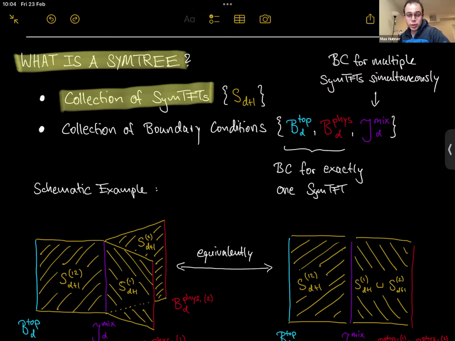Here I'll be distinguishing three types of boundary conditions: topological boundary conditions, in light blue, physical boundary conditions, in red, and junctions. These will typically be mixed, partially topological and also partially physical. The first two types are boundary conditions for exactly one SymTFT. And the latter type can be a boundary condition for multiple SymTFTs, hence the name.